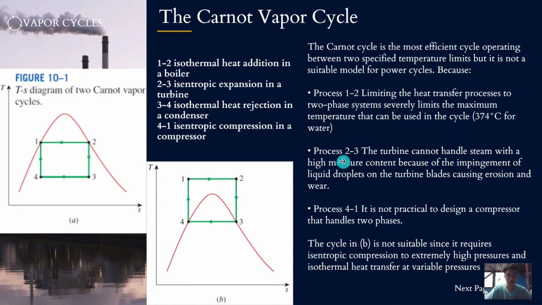So process 2 to 3, the turbine cannot handle steam with a high moisture content because of the impingement of liquid droplets on the turbine blades, causing erosion and wear.